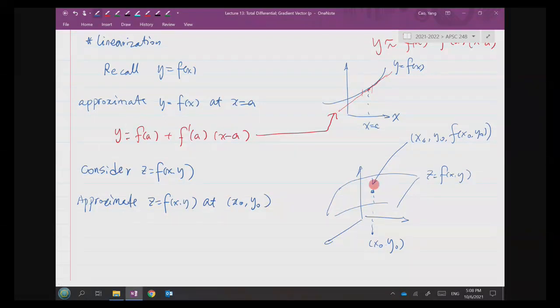So you can think about creating a tangent plane to the surface at that point.